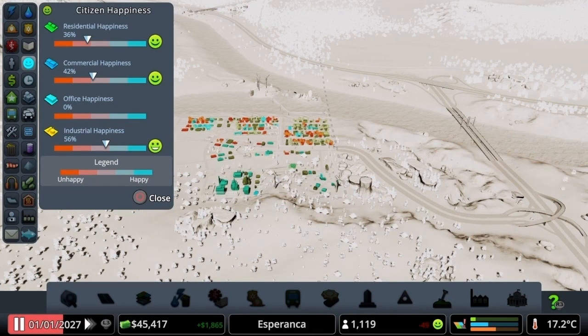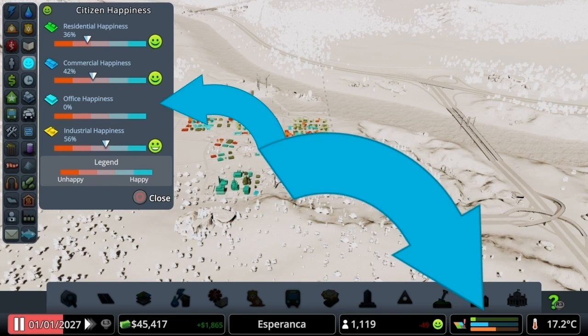Within the information panel, it's easier to understand the proportion between happiness and zoning demands. Observe how similar the percentages are in the two graphs. It's not a coincidence.